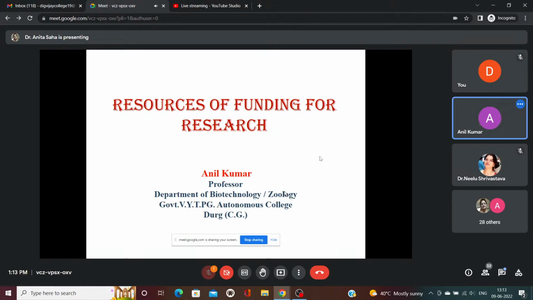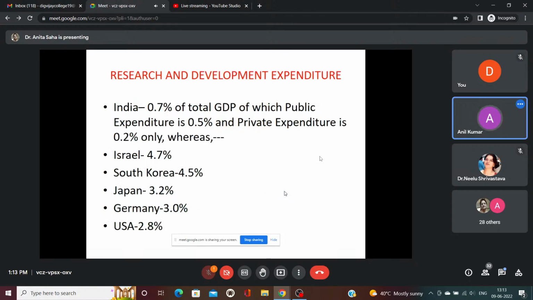What is the present scenario of our country regarding research grants? If we give a bird's eye view on the R&D sector, the condition of our country is not very good. Total expenditure on R&D is only 0.7% of our GDP in today's budget, of which public expenditure, meaning the expenditure made by the government, is 0.5%, and private expenditure is only 0.2%.